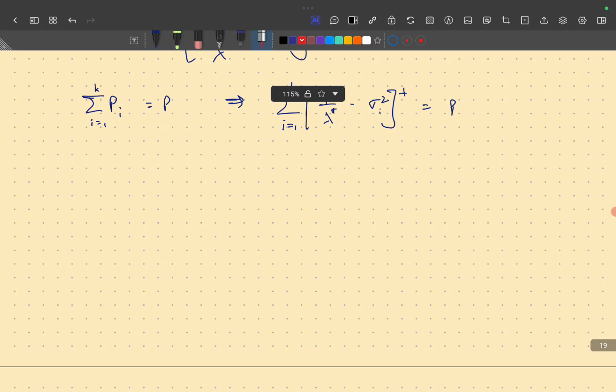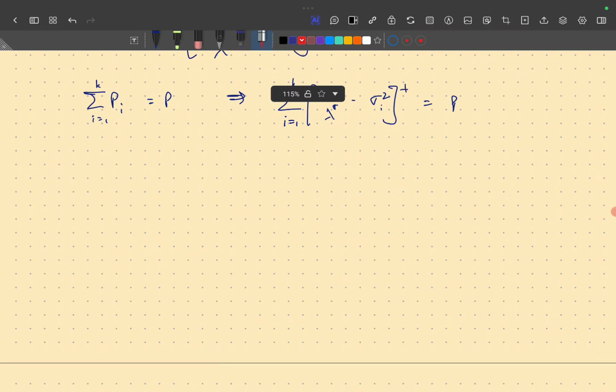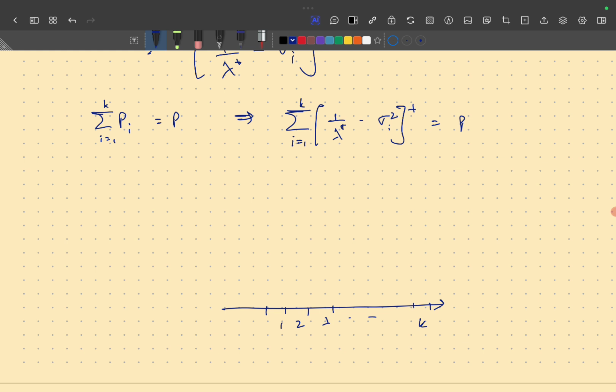But what is interesting about this is the physical interpretation of this particular solution. I can view this in the following way. I have a number of subchannels: subchannel 1, subchannel 2, subchannel 3, up to subchannel k. In each subchannel, I can think of these levels.